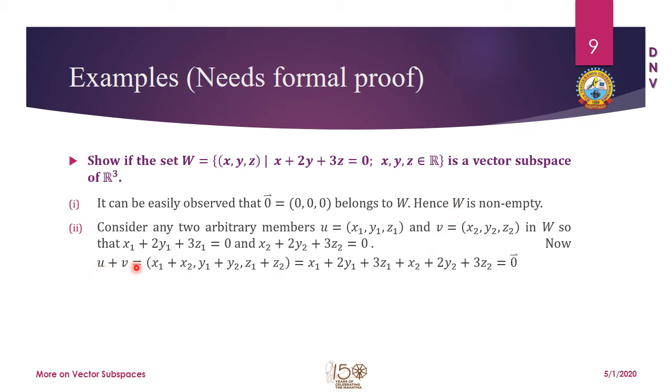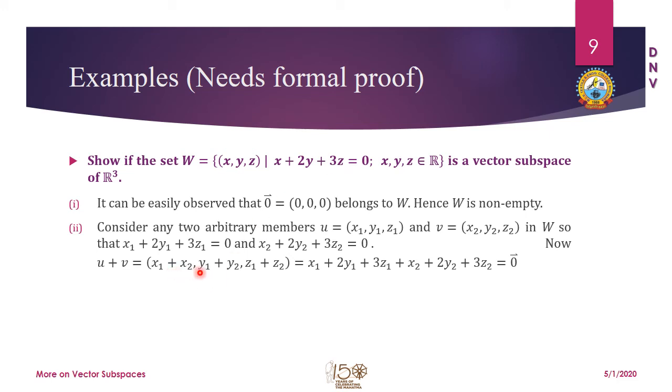So u + v = (x1 + x2, y1 + y2, z1 + z2). As usual, you know that the sum of two vectors is represented by the components having the sums of the components of these two elements. So when I write this in this form, then this must also satisfy this equation.